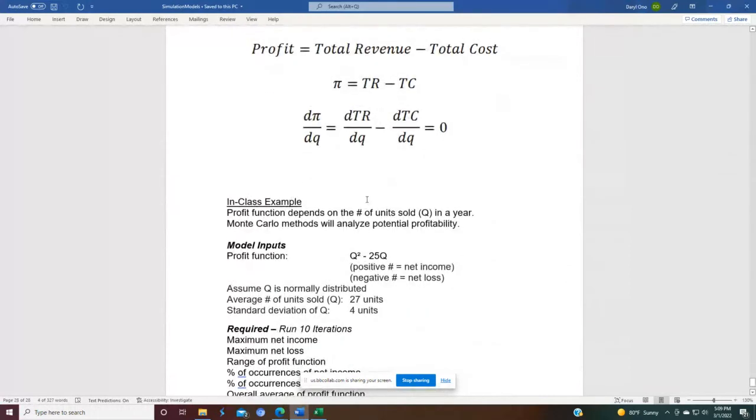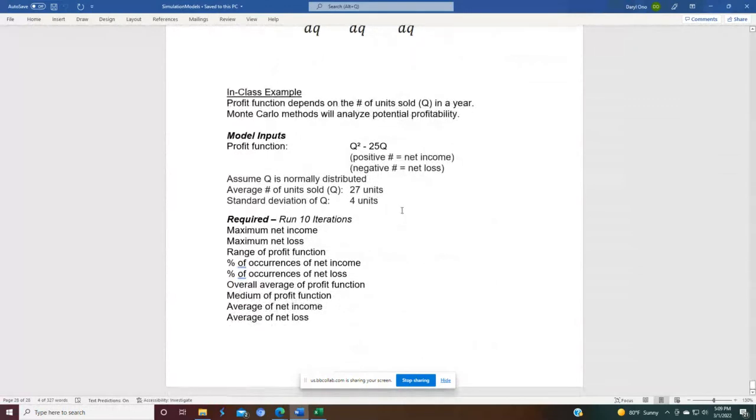Okay, so let's go out here then and let's try our Monte Carlo simulation in Excel. Okay, and we'll just make these in millions. But here's our mathematical function: Q squared minus 25Q, where Q is the number of units sold. The number of units sold is going to help us determine whether there's going to be a profit or a loss.